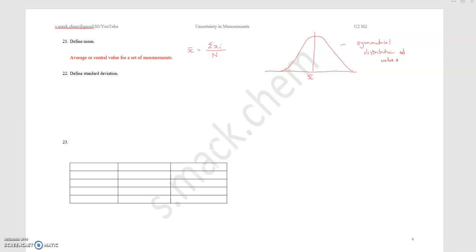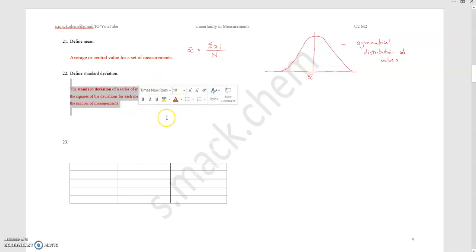We're going to go on to look at standard deviation, and standard deviation uses the mean or central value, which you can now calculate. Let's look at a definition for standard deviation, which is based off of the formula for standard deviation.